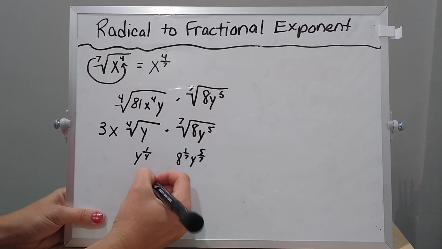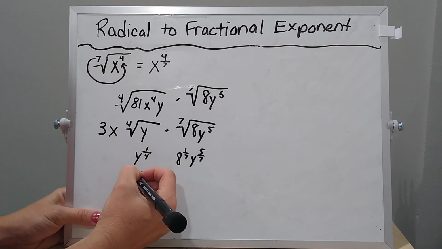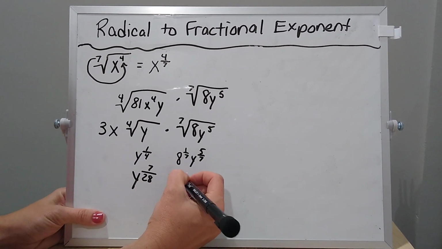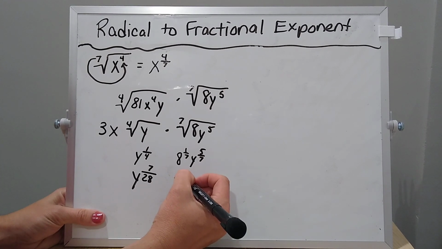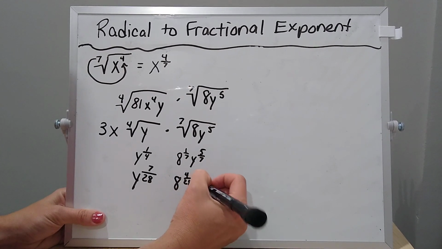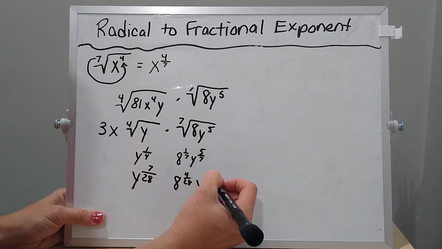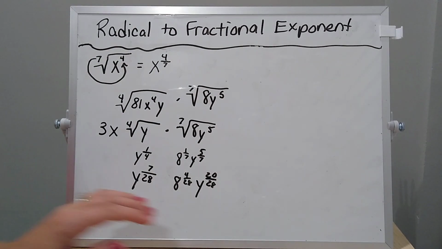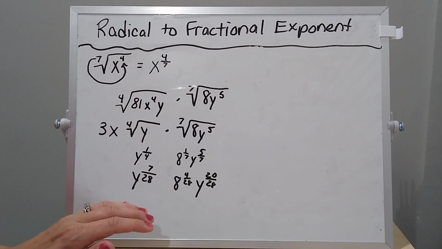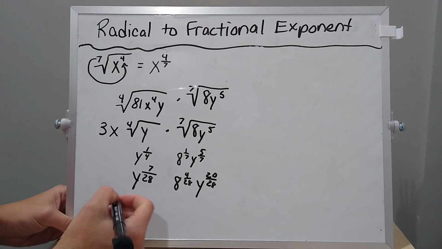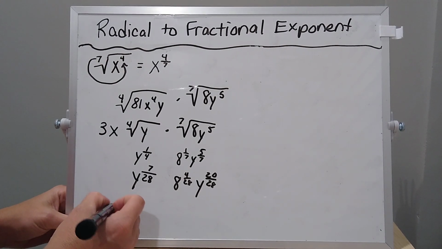So let's see what we'll get here. Y, okay, so we'll get 7/28, 8, this will become 4/28, y will become 20/28. Now we're going to change it back into a radical. Don't forget to bring anything down that's outside of the radical. So 3x.